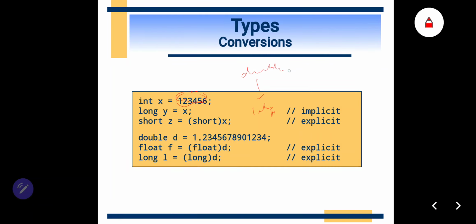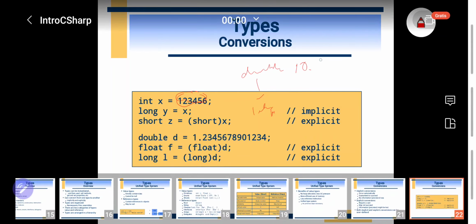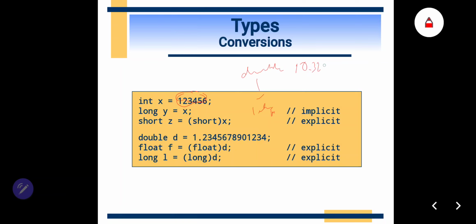For example, a double like 10.321, and then you convert this number into an integer, you will just get 10, and the .321 will be lost.